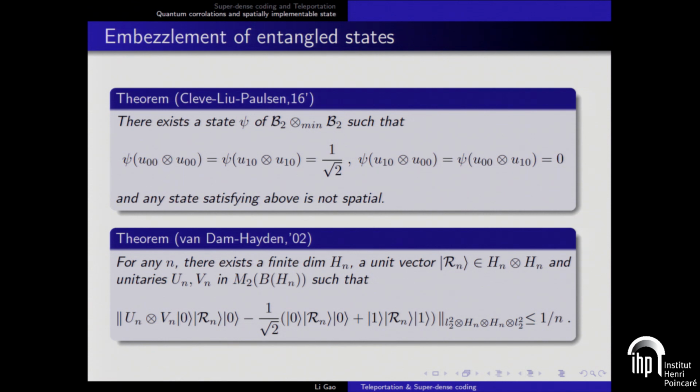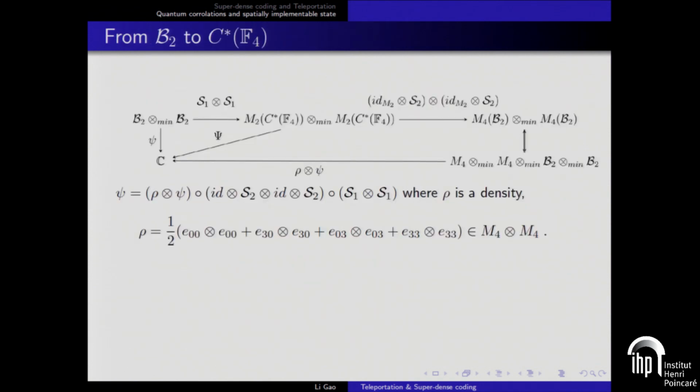So our idea is to use our isomorphism result from the Brown algebra to the free group C-star algebra to translate this non-spatial state to free groups. So we have the following diagram.